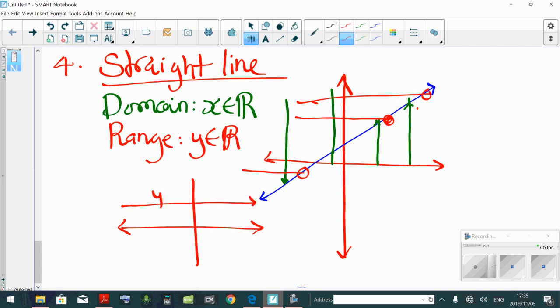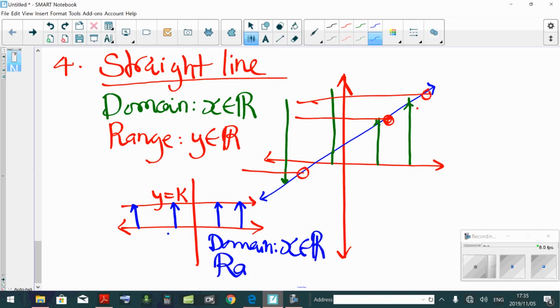The straight line is y is equal to k. Then here we can see still our domain is all values of x, because we will always encounter our graph. So domain will be x element of R, and range will only be y is equal to k. I'm sure you can figure out the other scenario.